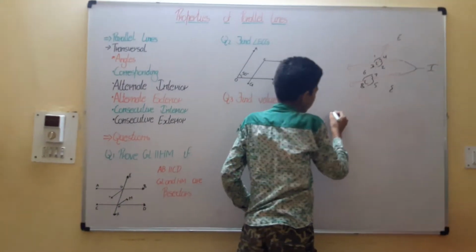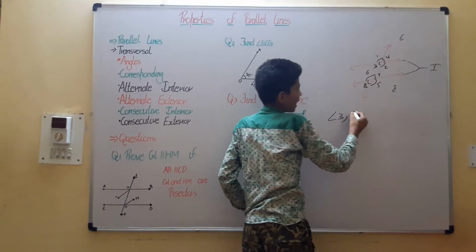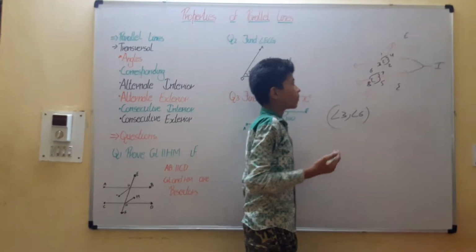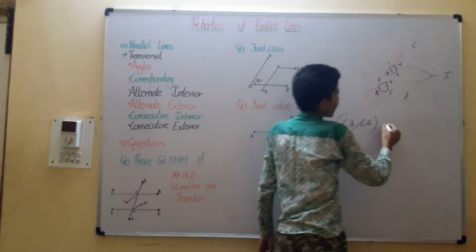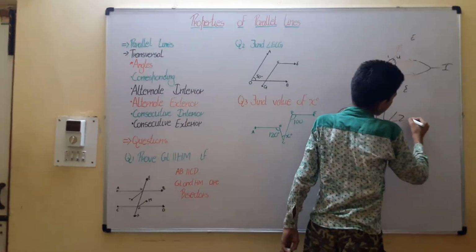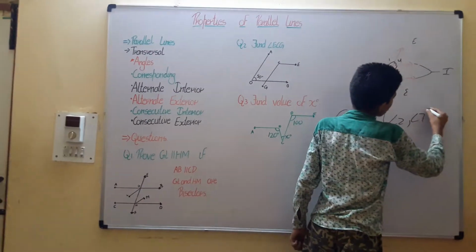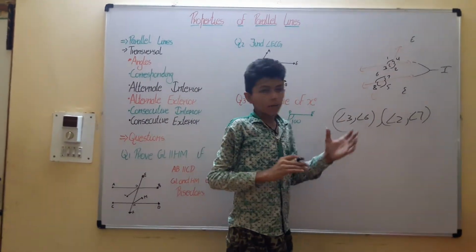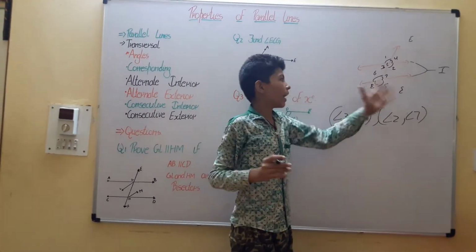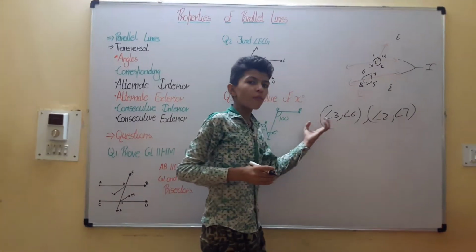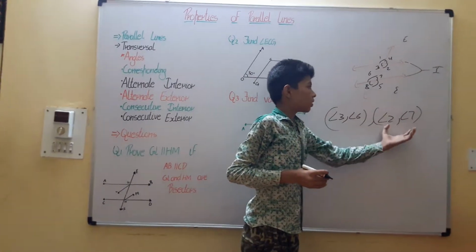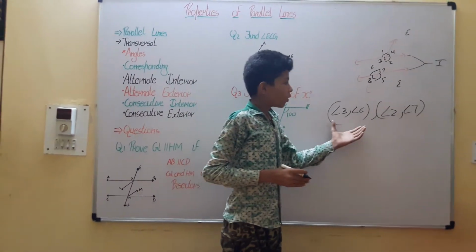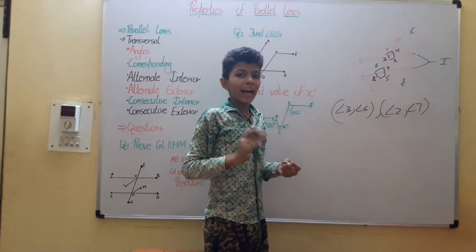So angle 3 and angle 6 sum to 180 degrees, and angle 2 and angle 7 is another pair of consecutive interior angles. The sum of both angles of a set would equal 180 degrees.